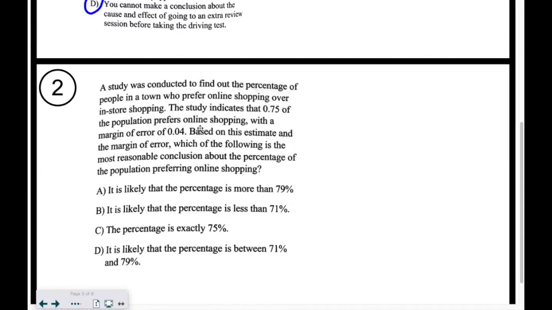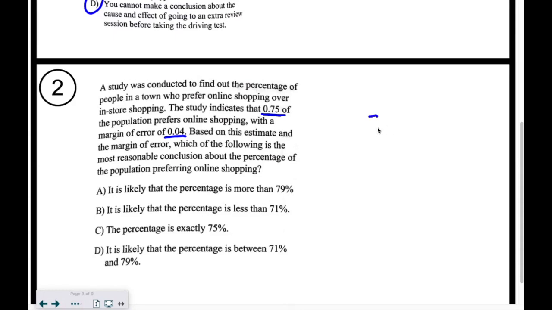So a study indicated this. They got some sample where 75% of the people preferred online shopping, with a margin of error of 0.04, or 4%. That means it's very likely that the actual percentage of people who prefer online shopping, which again is something we could never find, is within 4% of 75%.